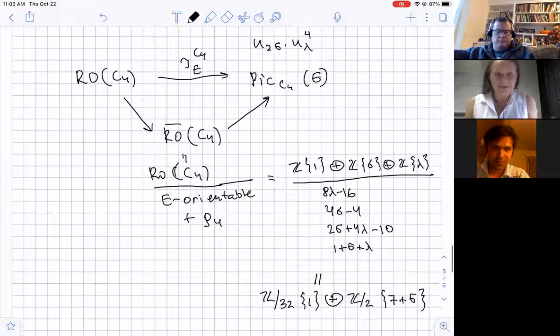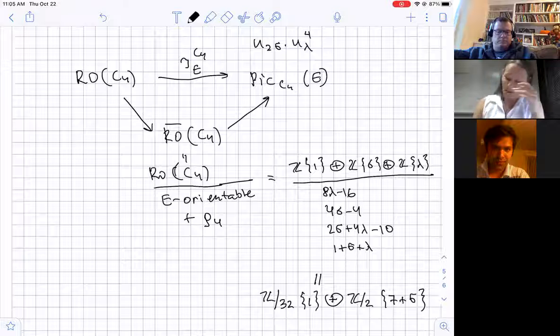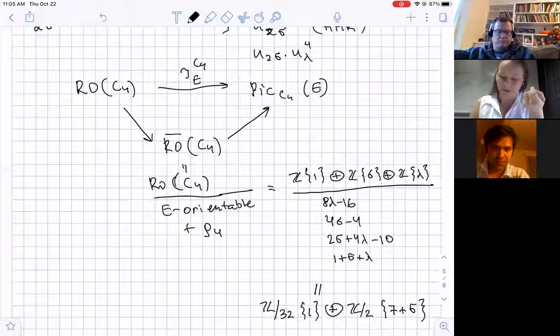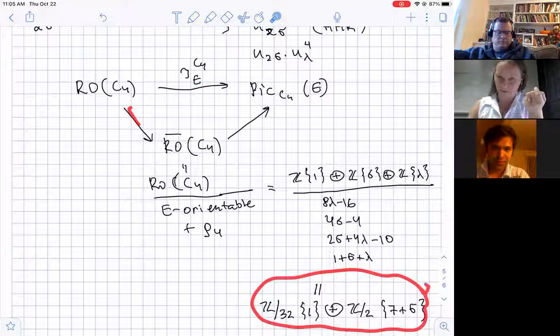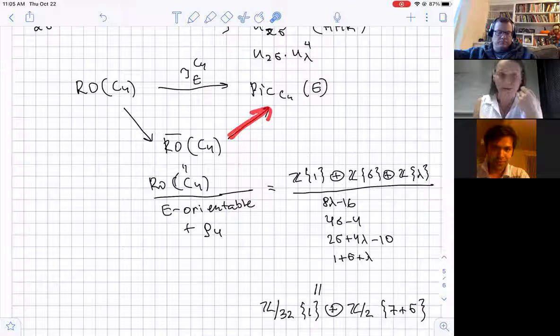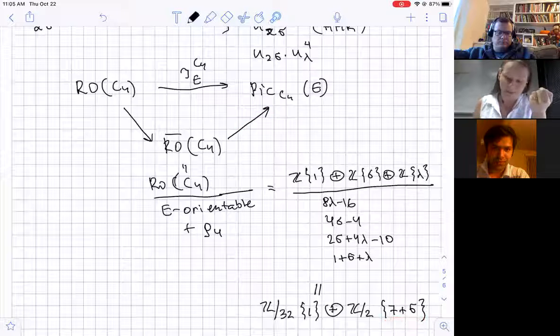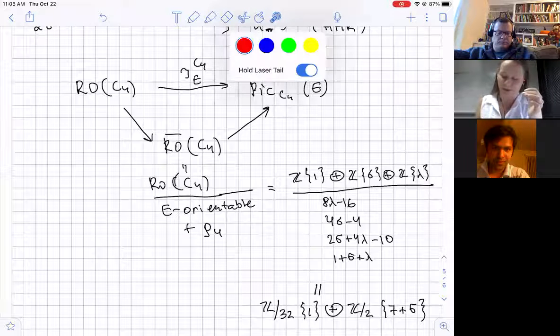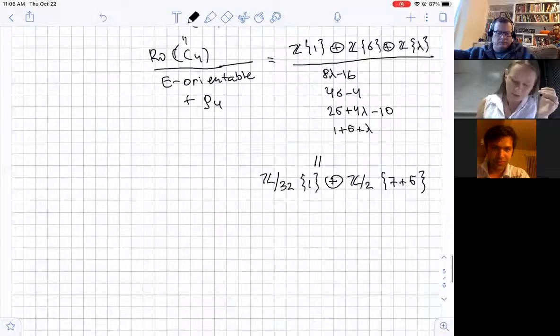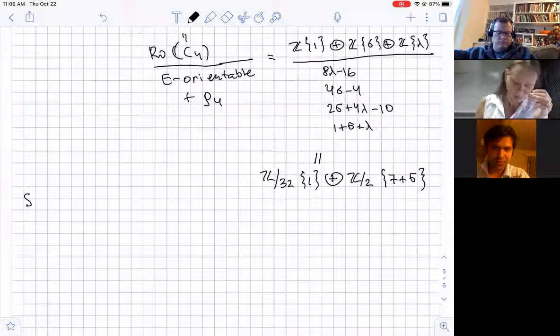But that was just the first 2 out of 3, because so far we didn't actually compute anything; we computed that the J map factors through that. Now, it could happen that this 7 plus sigma, when we go to Picard, ends up being some integer suspension as well, so it might go to the same Picard element as something from here. That's step 2.